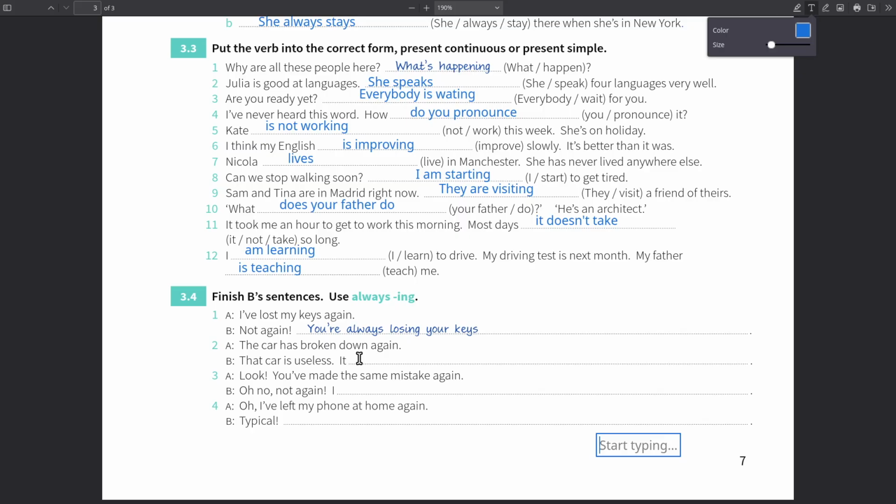So the car doesn't work again. That car is useless. It is always breaking down. Because that's an action that happens more than usual.